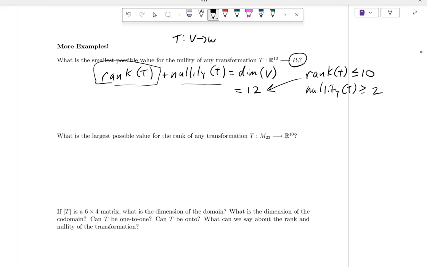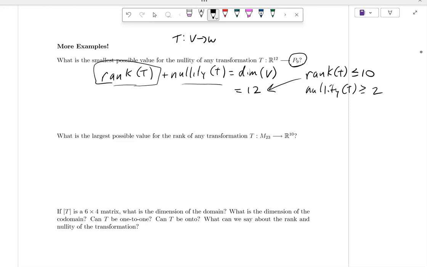Because when I add them together, I have to get 12, the dimension of the input space. The biggest the rank can get is 10, because that's the dimension of the output space. I can't get bigger than 10 for the dimension of the range. So if the rank is less than or equal to 10, the nullity has to be at least 2.